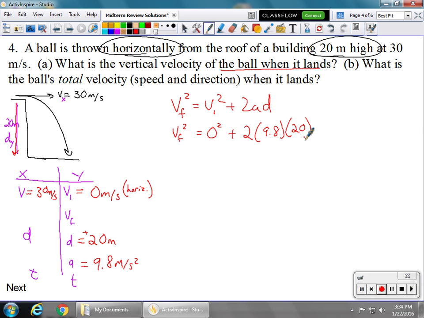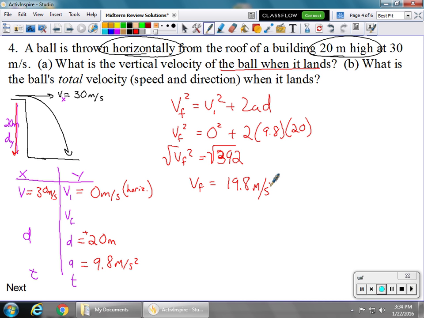So if we complete our math, 2 times 9.8 times 20 is going to give us 392 equals Vf squared. We're going to square root both sides, and that's going to give us a final velocity of 19.8 meters per second.